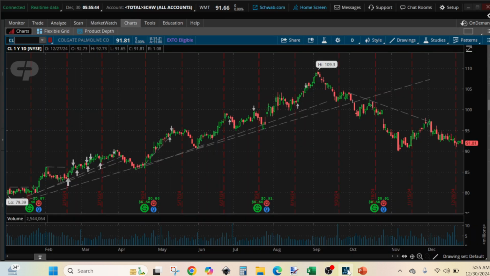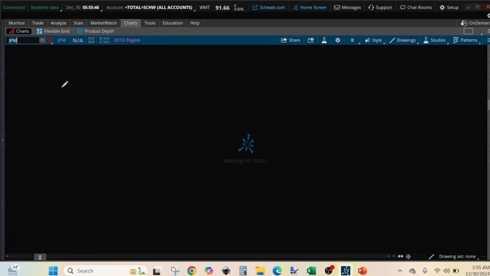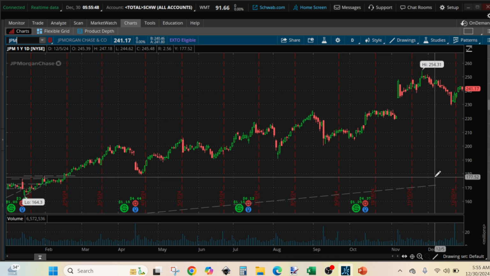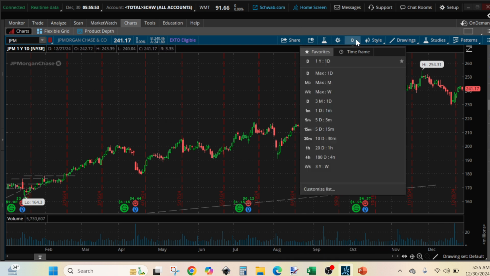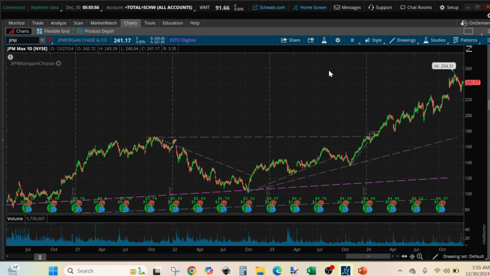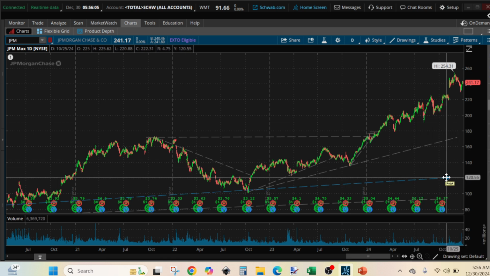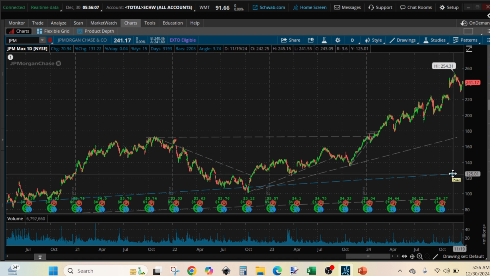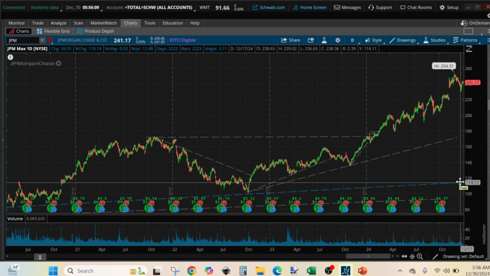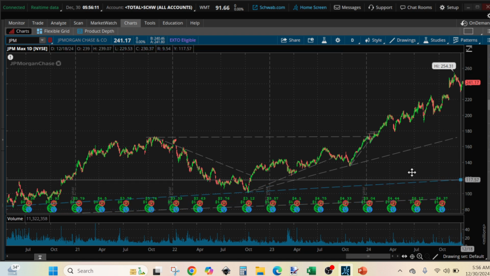JPM. Okay, let's see maximum daily chart. Okay, so it's nowhere near the line we like to buy. Okay, it's nowhere near the line just yet.